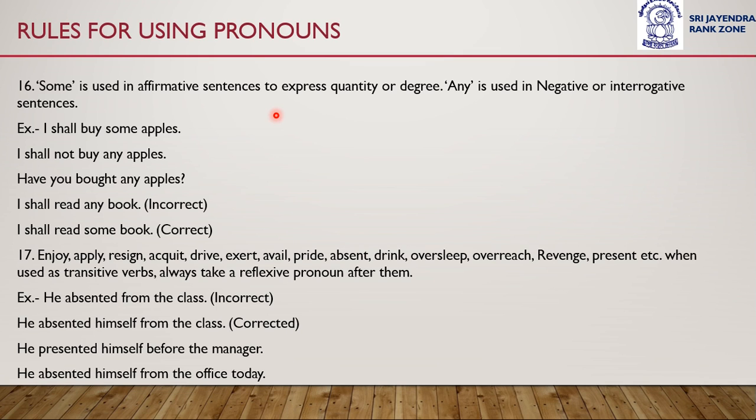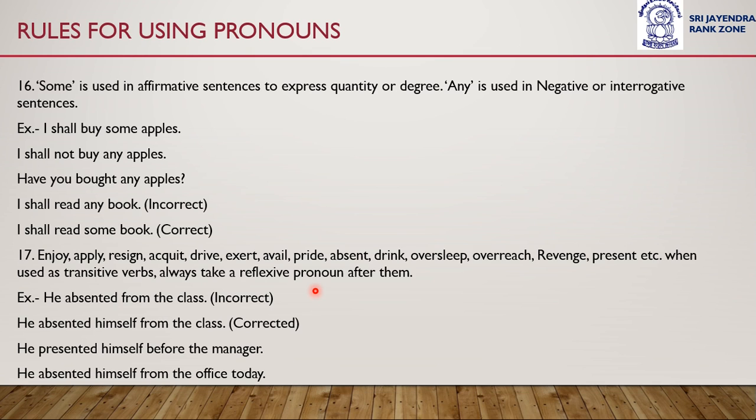Rule number 17. Enjoy, apply, resign, quit, drive, exert, avail, pride, absent, drink, oversleep, overreach, revenge, present, etc. When used as transitive verbs, always take a reflexive pronoun after them. For example, he absented from the class is an incorrect statement.